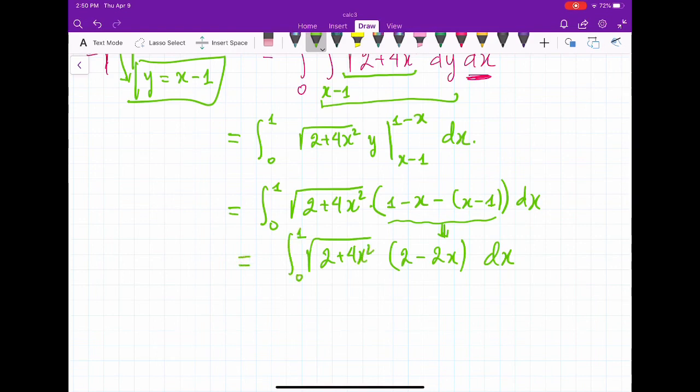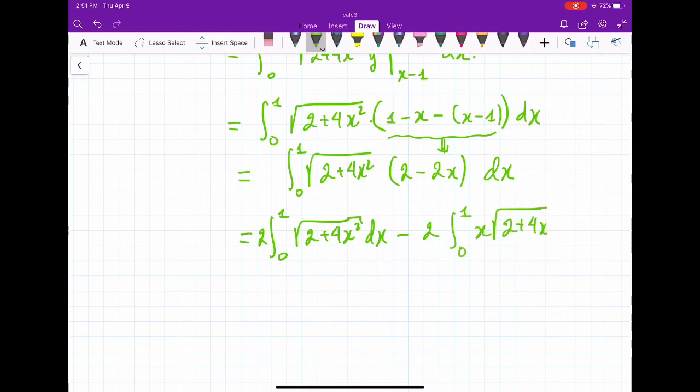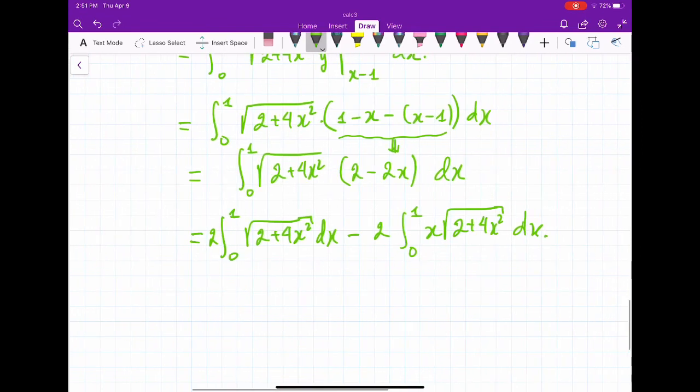Okay, and in this situation, we need to break the integral into two integrals. That is the integral from 0 to 1 of 2 times square root of 2 plus 4x squared dx, minus 2 times the integral from 0 to 1 of x times square root of 2 plus 4x squared dx. The first integral has a specific form.